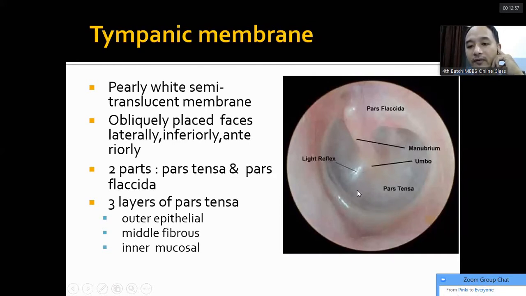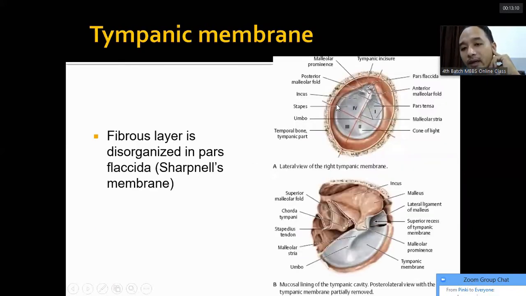This is the reflection of light of the otoscope, also called the cone of light. Along the handle of the malleus, the tympanic membrane, especially the pars tensa, is divided into 4 quadrants, 2 superior and 2 inferior.